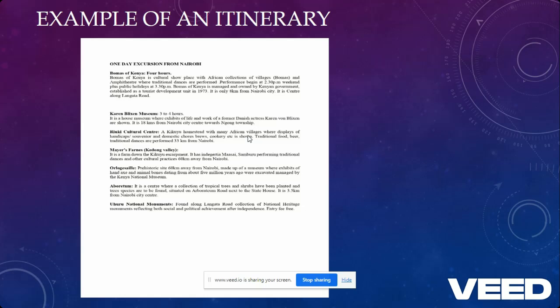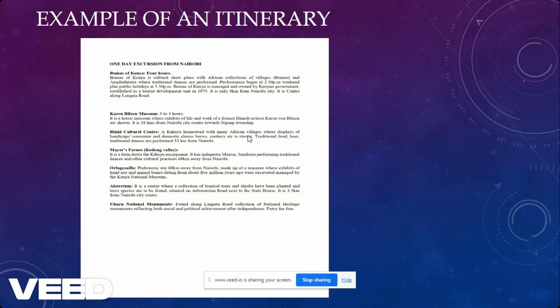And then we have Olorgesailie, a prehistoric site that exhibits the hand axe and the animal bones dating about 5 million years ago, part of the fossils that were found, and it is managed by the Kenya National Museum.